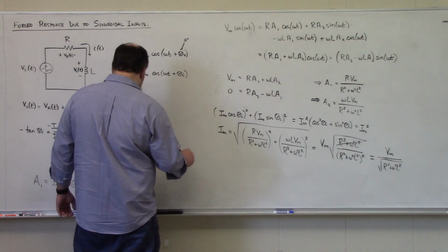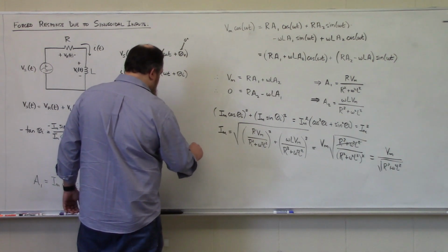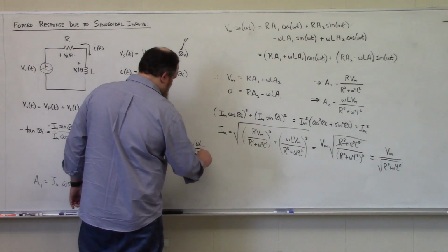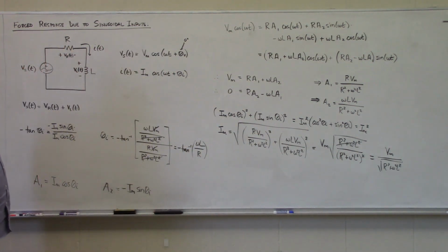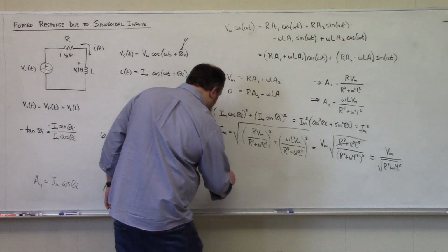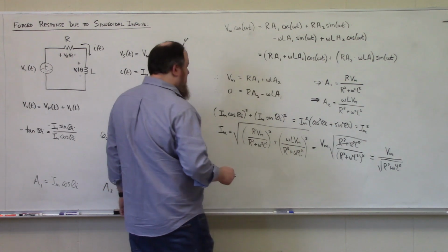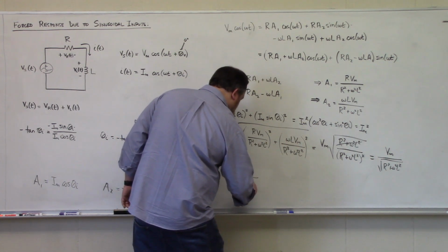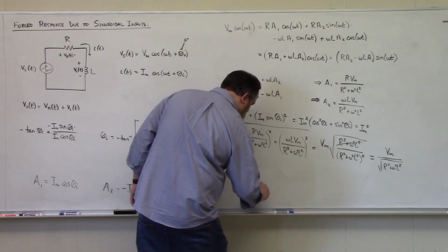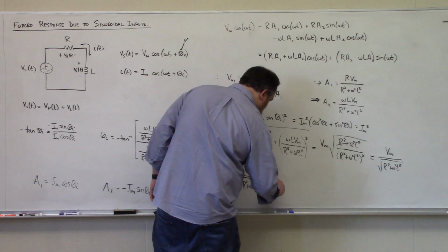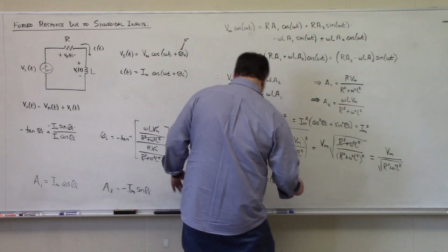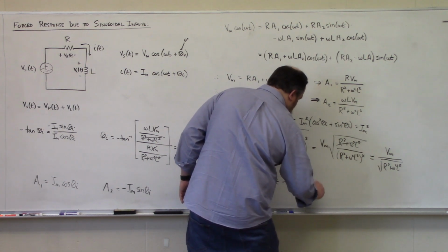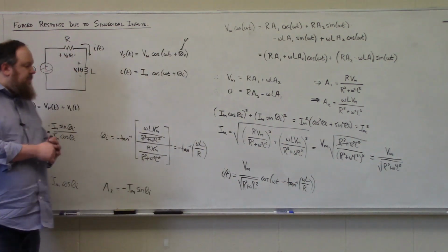So theta I is negative the arctangent of omega L over R. We can put these results together and find that I of t is then equal to Vm divided by the square root of R squared plus omega squared L squared, cosine of omega t minus the inverse tangent of omega L over R. So this is our result.